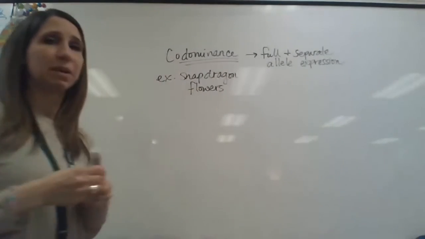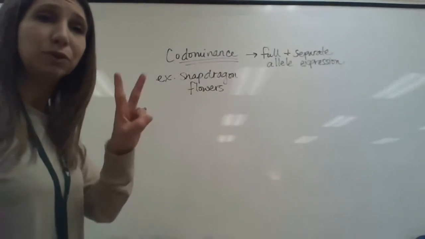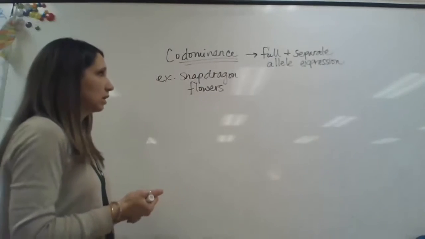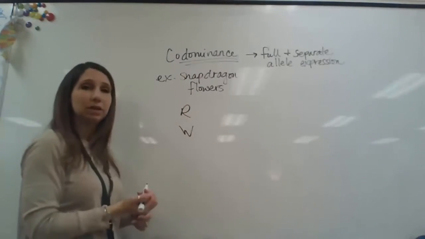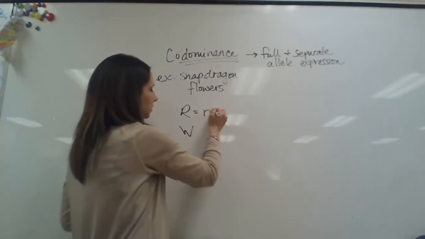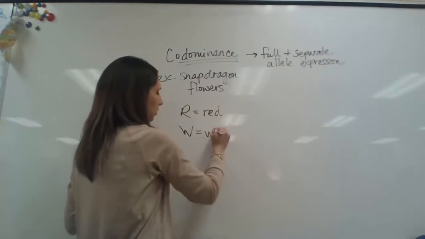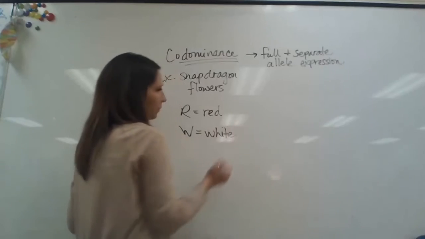Okay, and so that means I'm going to get to see two dominant traits appearing at the same time. So again, I'm going to stick with the same alleles, big R, big W. R again, I'm still going to keep as red. W, I'm going to keep as white.